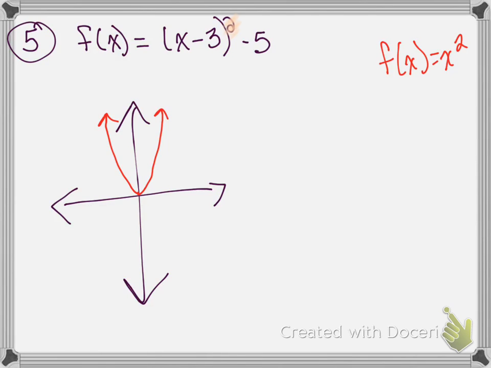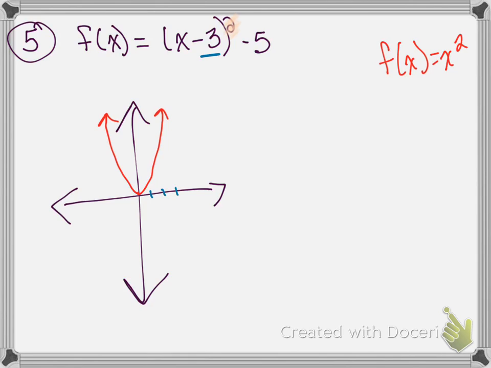Now, when we are graphing this, this right here means we go to the right. If it's inside the parentheses, whether it's absolute value, square root, whatever it is, if it's with the x, it's going to be opposite in value. So that means we are sliding over to the right.